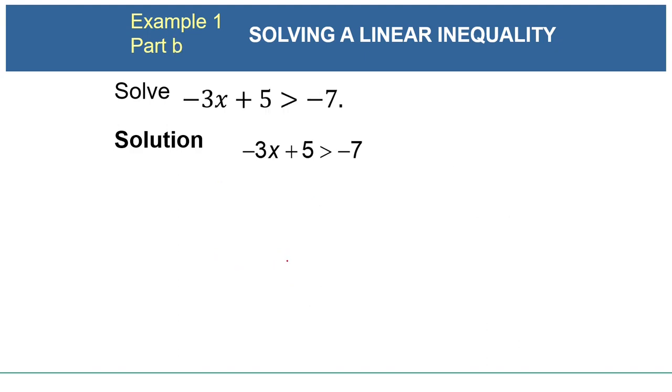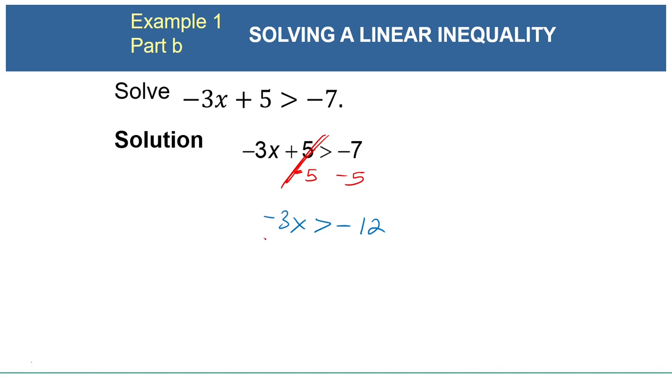Example 1, part B. Let's solve negative 3x plus 5 is greater than negative 7. First step is again to isolate the x. We'll subtract the 5 from both sides. This gives me negative 3x is greater than negative 12.